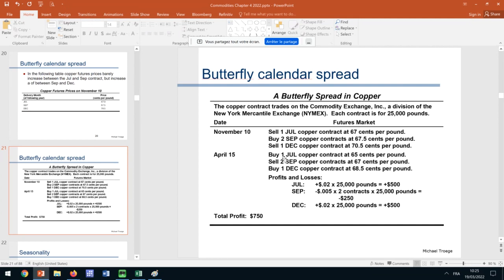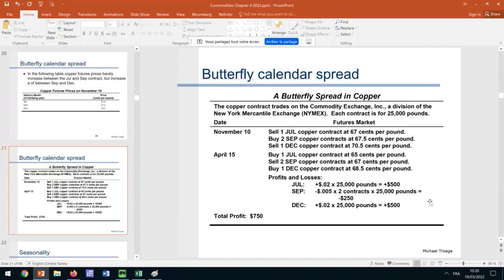It went down and we had a long contract, so now we lose money. We get $250 of losses on that contract, but then the December contract again makes money because we were short, and we have a 1 cent decrease here, and multiplied with the 25,000 pounds, we have a $500 gain. So overall we made $750 by placing a bet on the fact that this shape of the curve would become more normal.